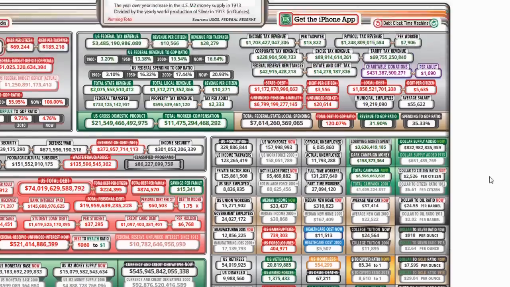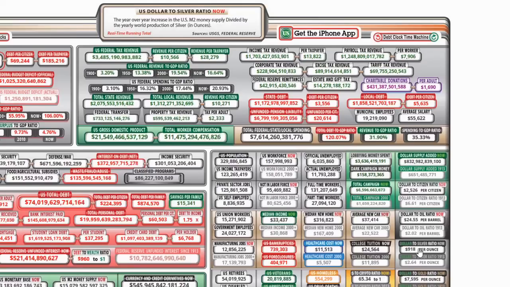They say here, if you highlight this, it says it is the year-over-year increase in the U.S. M2 money supply divided by the yearly world production of silver in ounces. And so you take that into account, that's how they get that number there.